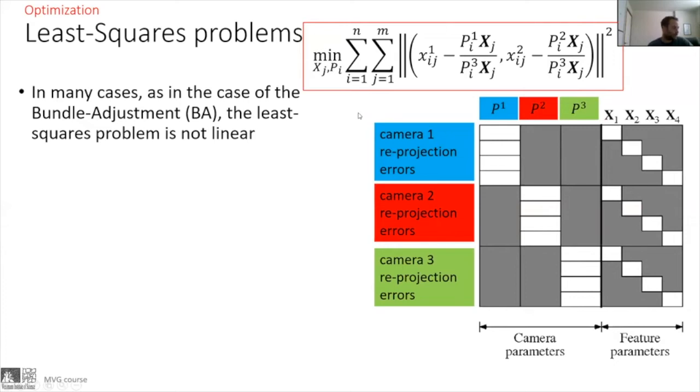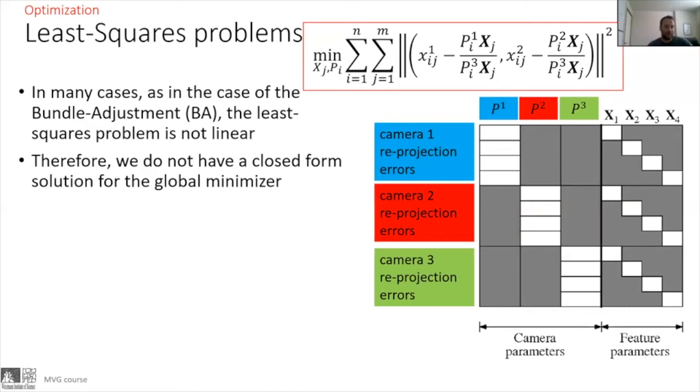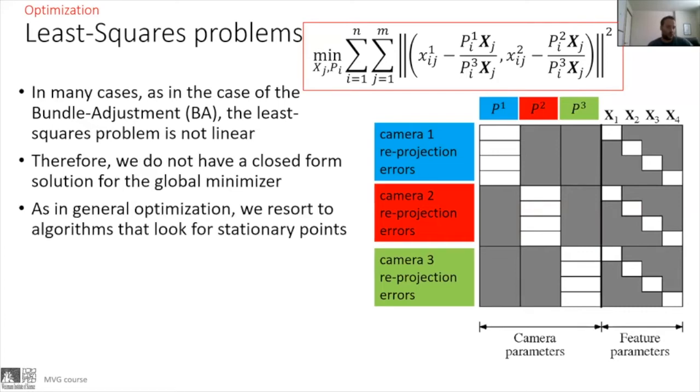In Meirav's lecture, you saw a linear least square. In this case, as we discussed, our least square is not linear, so we don't have a closed form solution. What we can only do is look for a stationary point, which means we cannot hope for a global minima.